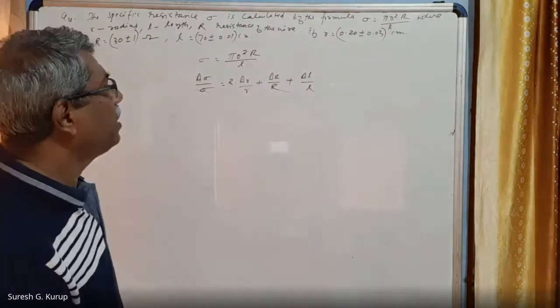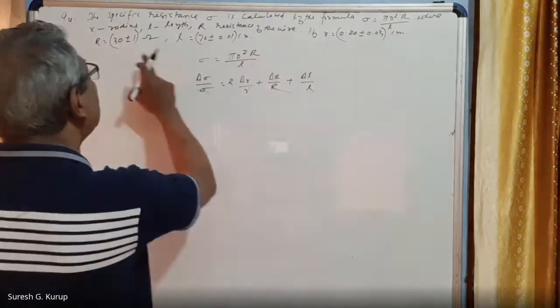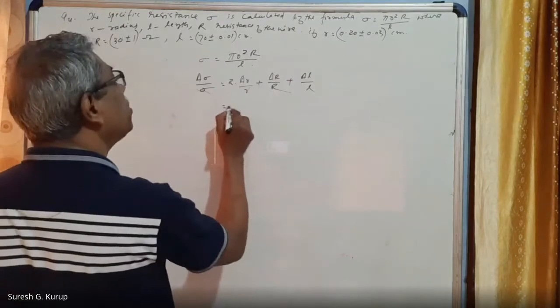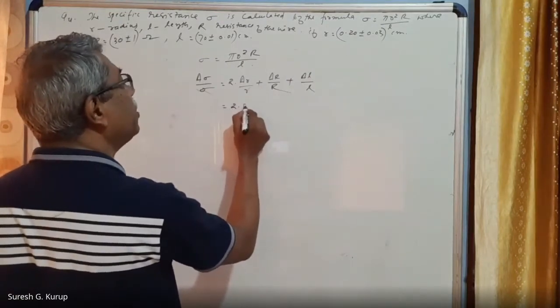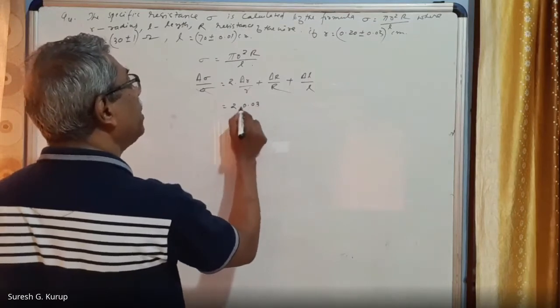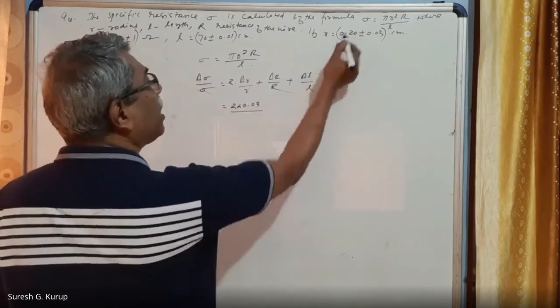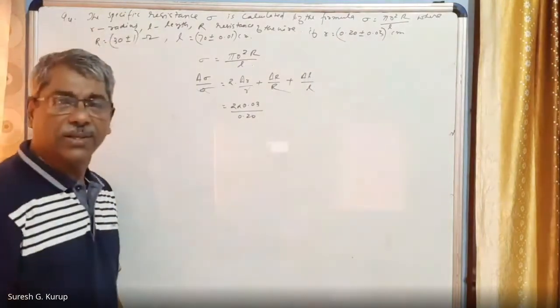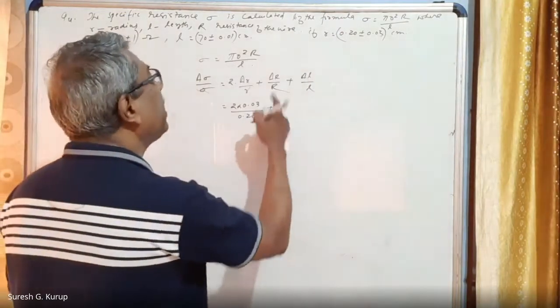Now we see delta r. Delta r means 0.03. Therefore, this is equal to 2 into 0.03 divided by r. r is equal to 0.20, the real value of radius. Plus again delta R.